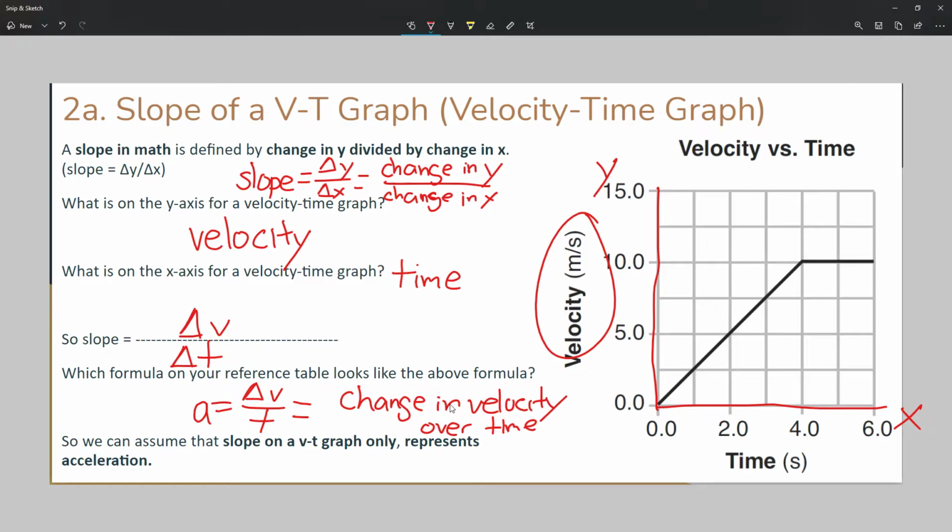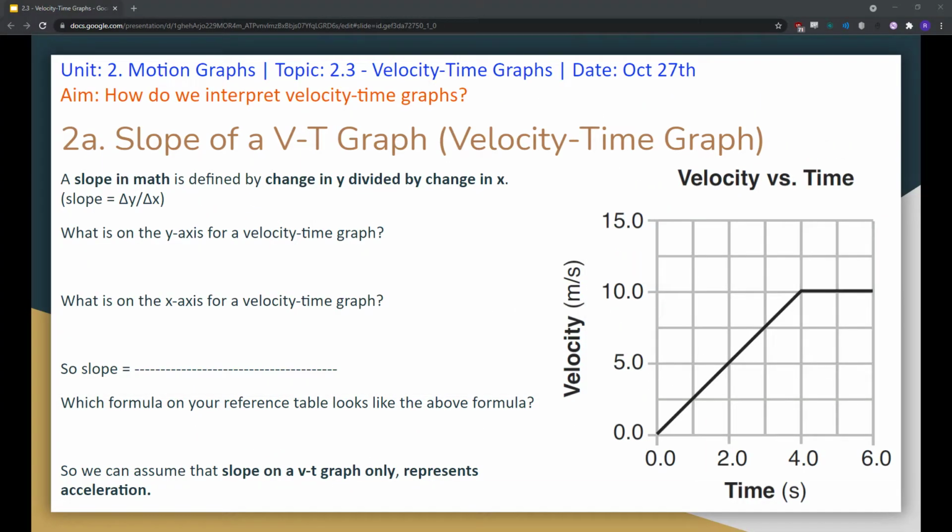And so we can say that the slope on a VT graph only represents acceleration. So the slope on a VT graph only represents acceleration.